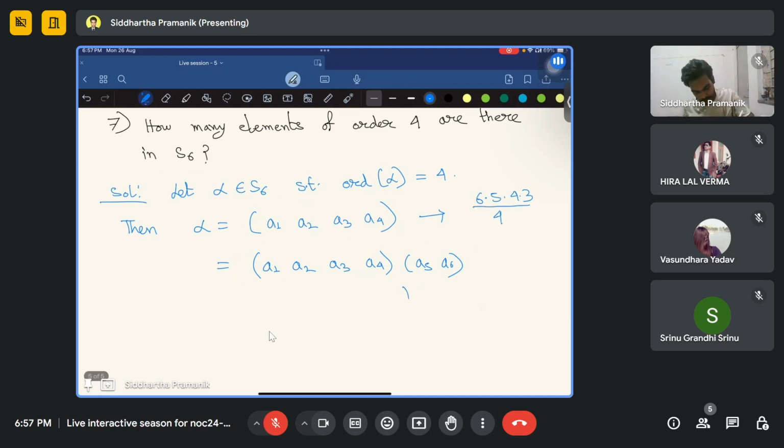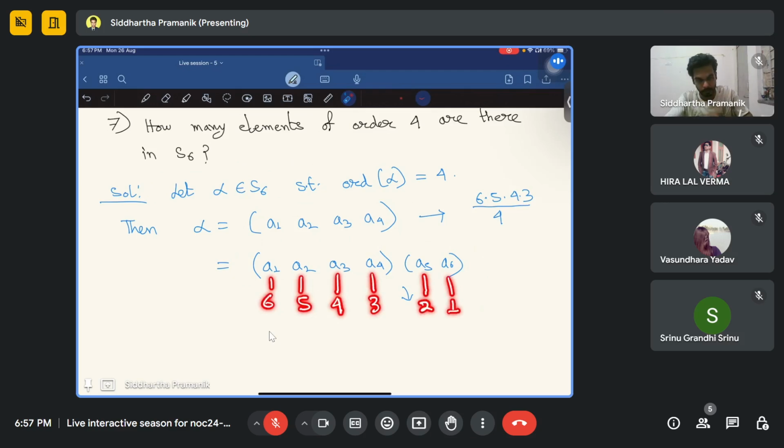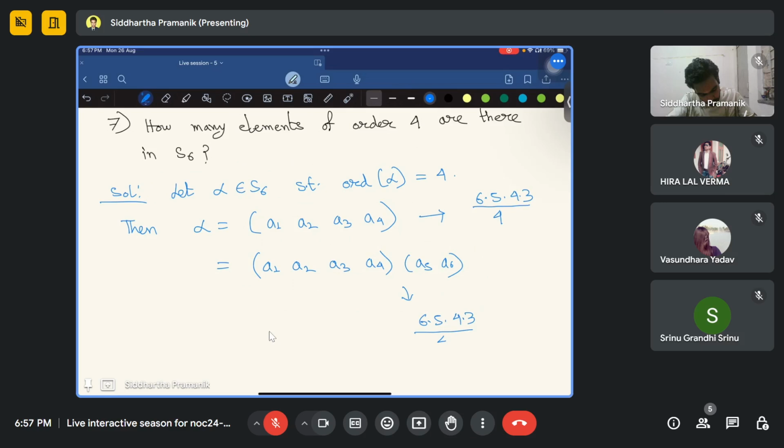But in this other case, you have 6 choices, here 5, here 4, here 3, here 2 and here 1. Since it is a 4-cycle, you need to divide by 4, and it is a 2-cycle, so you need to divide by 2. So this is 6, 5, 4, 3 by 4, times 2, 1 by 2.